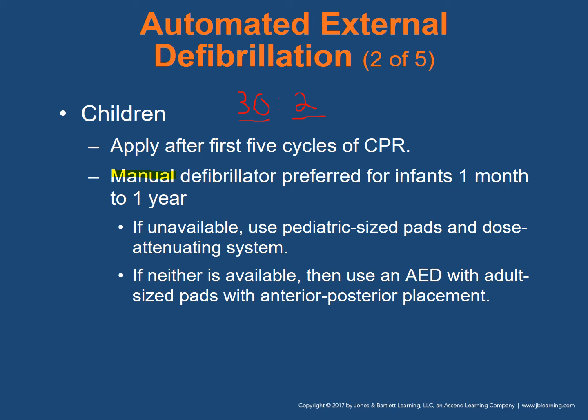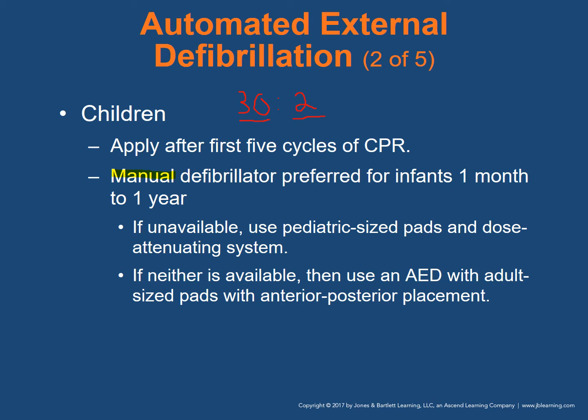And we have specific protocols as paramedics to use the manual defibrillator on infants from 1 month to 1 year and actually change the joule setting, the energy setting, based on their body weight. So, without getting too far into the protocols, we might do 2 joules per kilogram of body weight or 4 joules per kilogram of body weight.